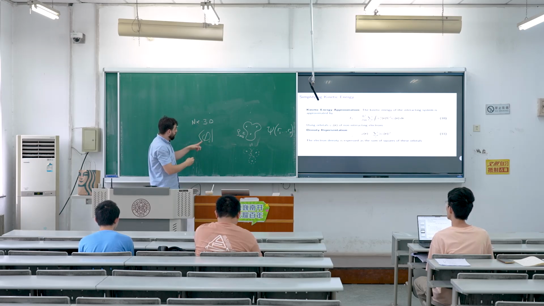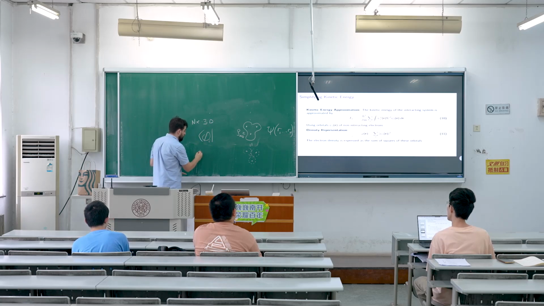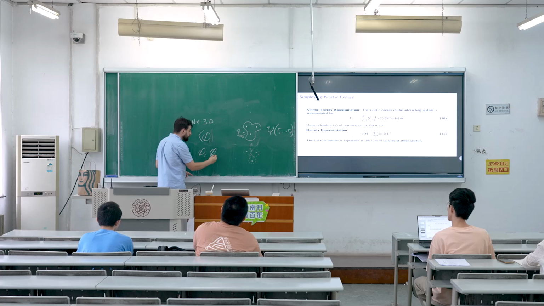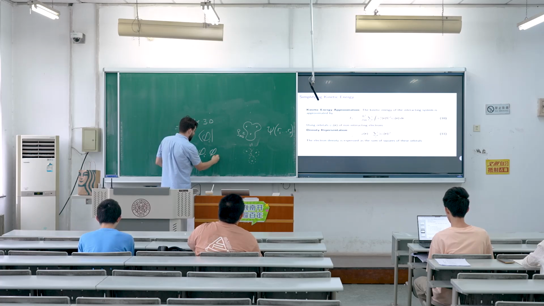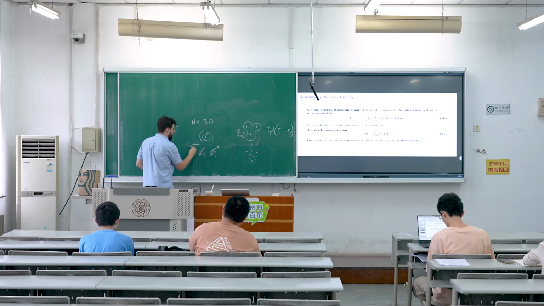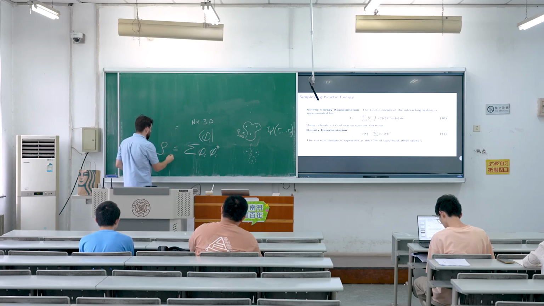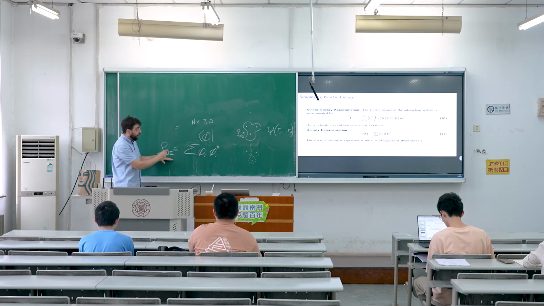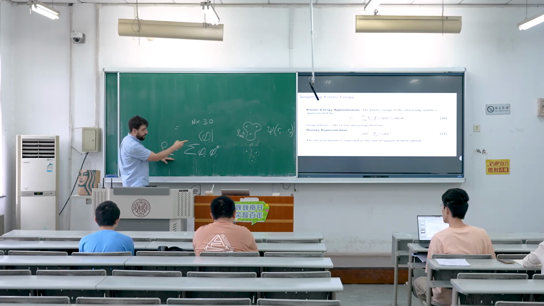And then what we're trying to find is, well, let's just say that we're trying to find a non-interacting density, so that the particles are non-interacting. The density is supposed to be the same as our many-body density, okay?